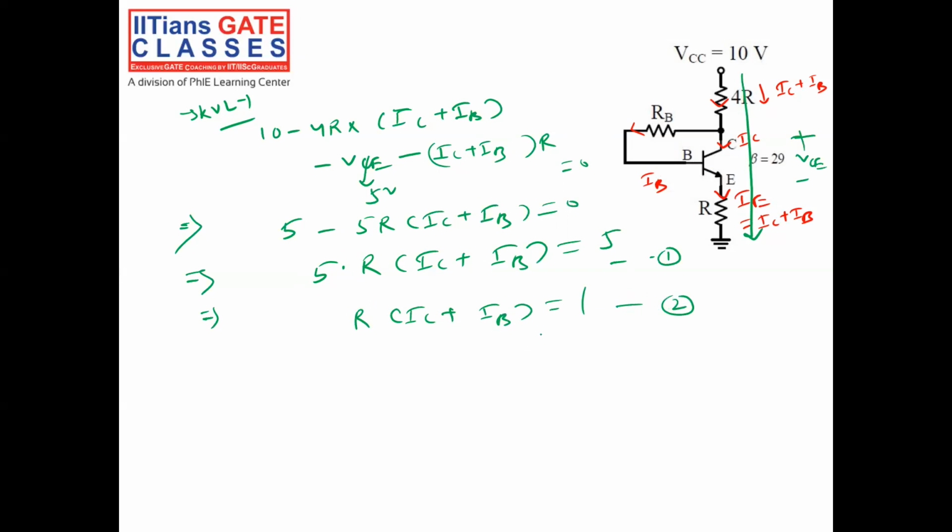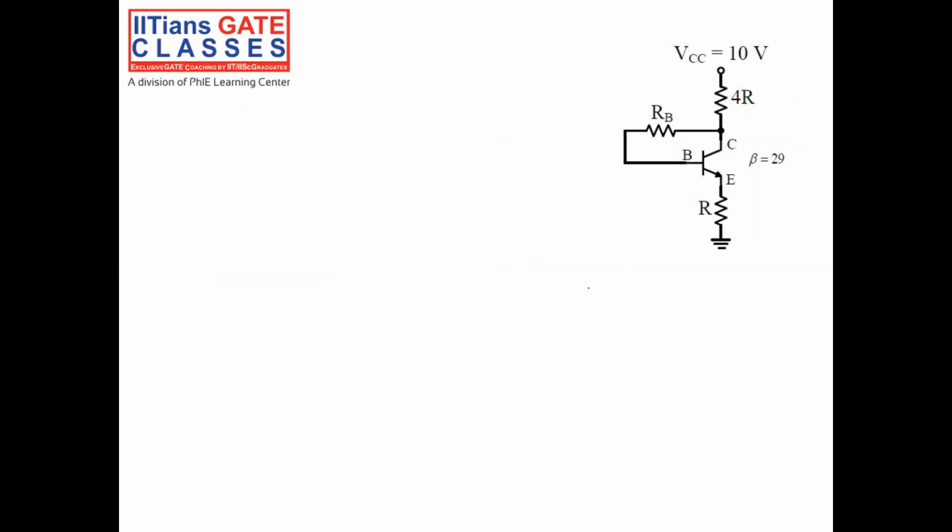Now we'll put a second KVL through this path. The current here is IC plus IB, here is IC, here is IB, and the same current IC plus IB is flowing through the emitter.